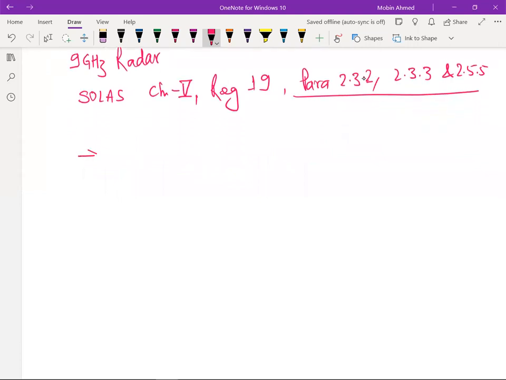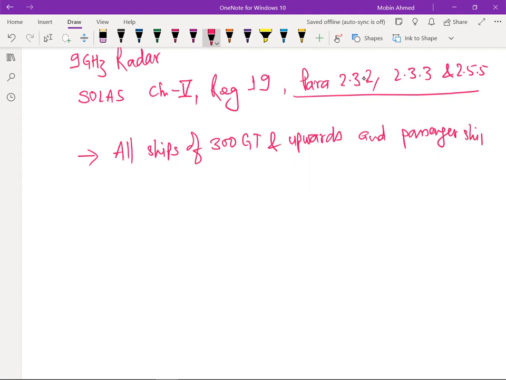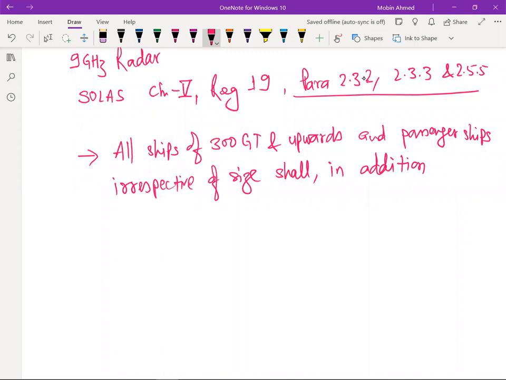Now it says that all ships of 300 GT and upwards, and passenger ships irrespective of size, and in addition, means whatever the requirement is there, other requirements of navigation equipment, because this Regulation 19 is navigational equipment required.